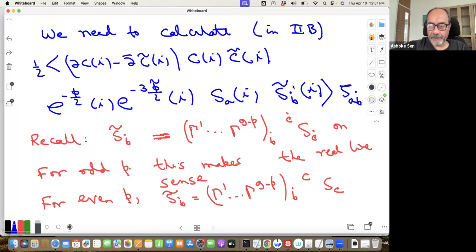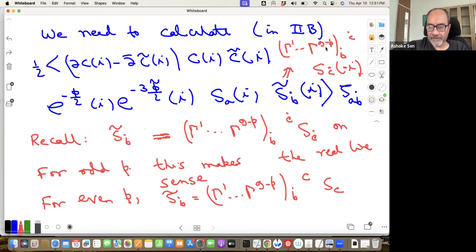Okay. So then the replacement rule will be that this one, S tilde B dot of I, should become gamma 1 to gamma 9 minus P, B dot C dot, S C dot of minus I. It's basically the same kind of logic.